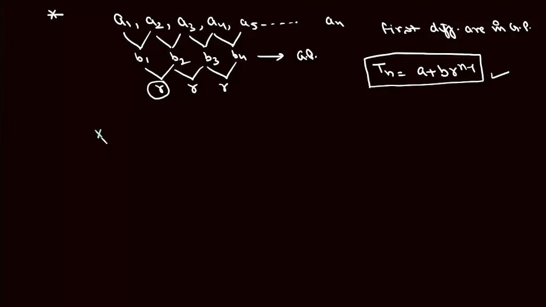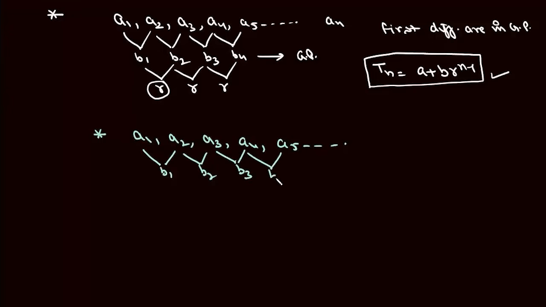We can also extend it to the second difference. So if we have a sequence which is given by a1, a2, a3, a4, a5, and suppose the differences are b1, b2, b3, b4, and these differences are neither in AP nor in GP. We'll again take a difference.